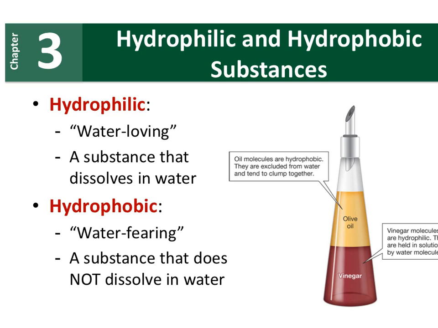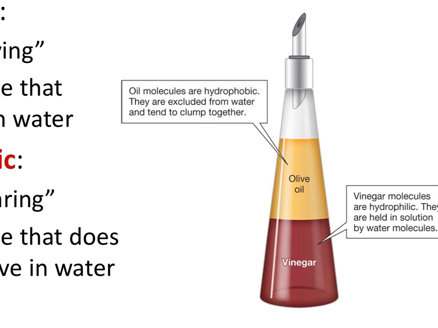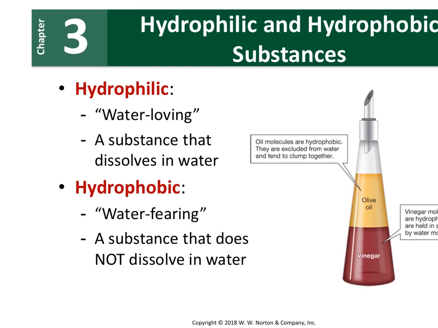The vinegar and oil in dressing has one part that's hydrophilic and the other part that's hydrophobic. Oil, lipids, fats, those kinds of things are always hydrophobic. And they're going to play an important role later when we look at how cells are put together.